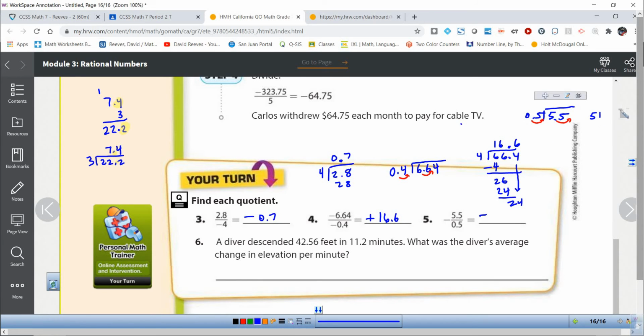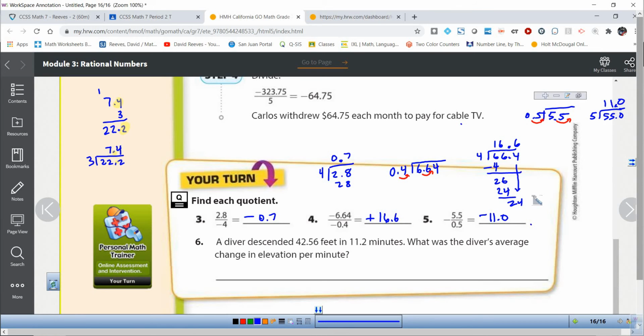I end up with 5 into 55.0. Move that decimal right there. Well, great. That's an easy one, right? And we get 11 or 11.0. You could just put 11 if you wanted to. That answer would be correct. If you want your answer to be a decimal number, it would be 11.0.